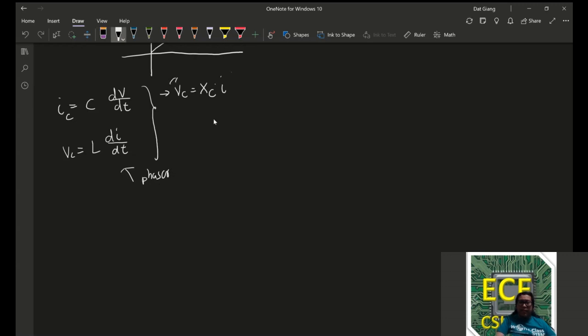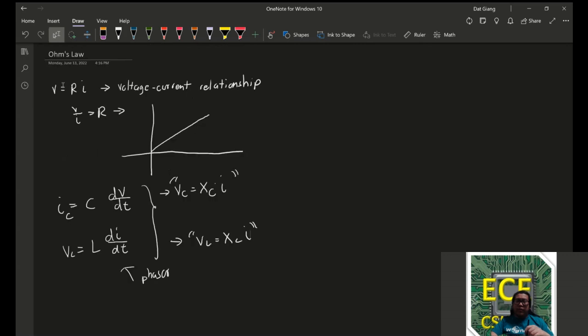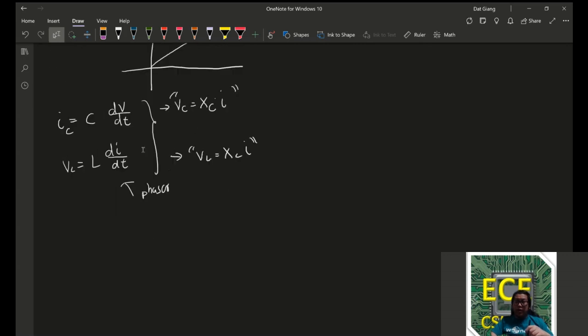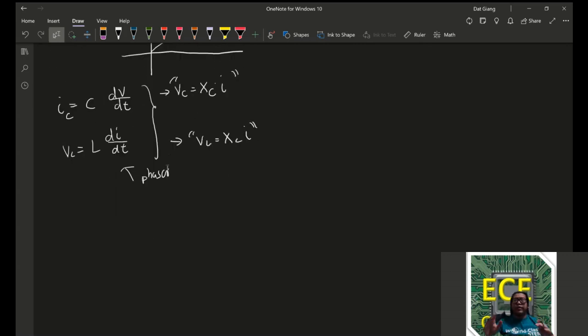Something of that form. And similarly, VL equals XL times I. Of course, this is not the exact formula, but notice that we can model in phasor a form similar to what was given with Ohm's law. And that's actually what leads to a generalization with Kirchhoff's voltage law and Kirchhoff's current law, which we'll be discussing next.